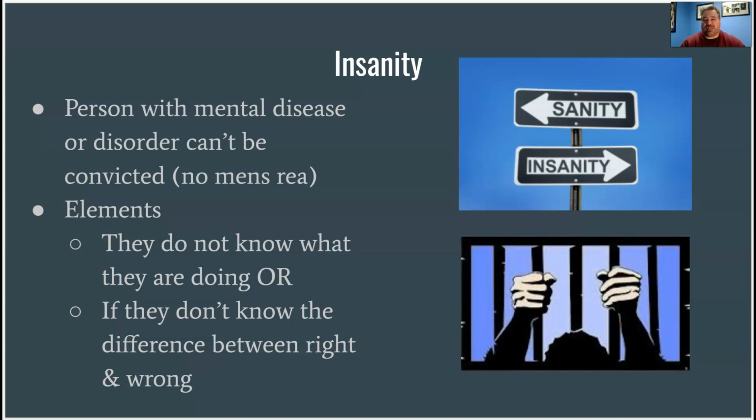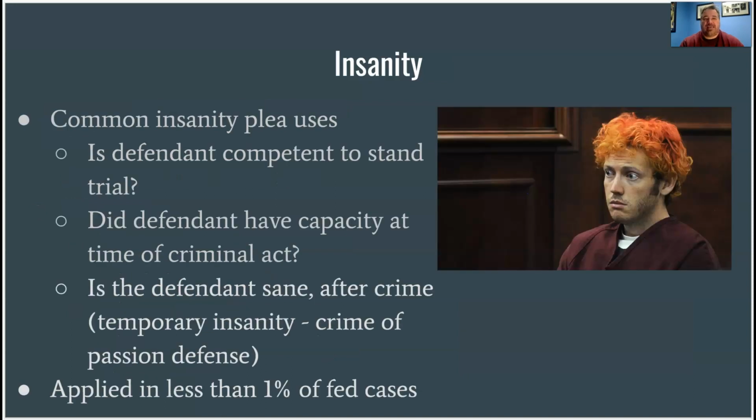They were hallucinating, or you could argue that the criminal defendant didn't know the difference between right and wrong at the time, so that they didn't know that what they were doing was wrong, or violative of society's rules.